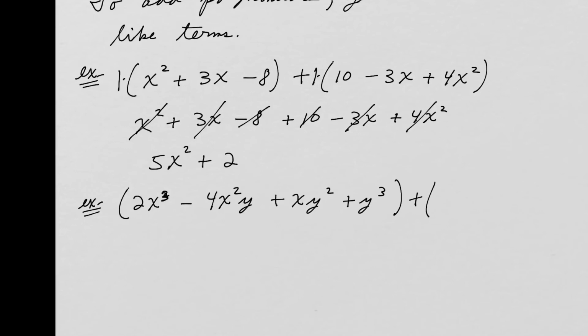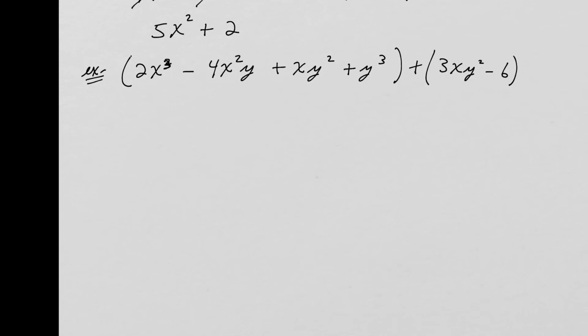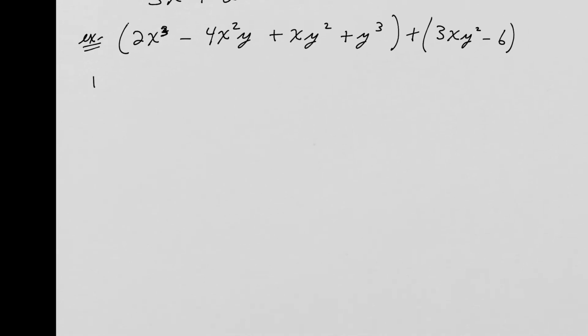And I want to add that to 3xy squared minus 6. And I want to add that to 2x squared y minus xy squared minus 2y cubed plus 3. So I want to add those three polynomials together.